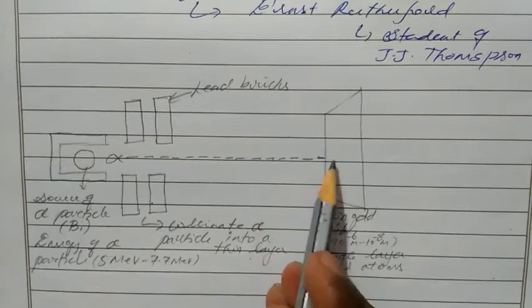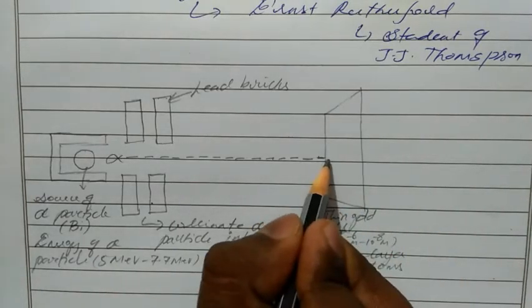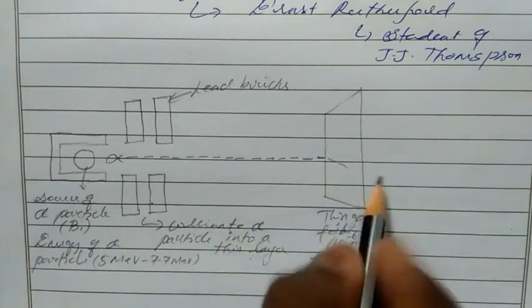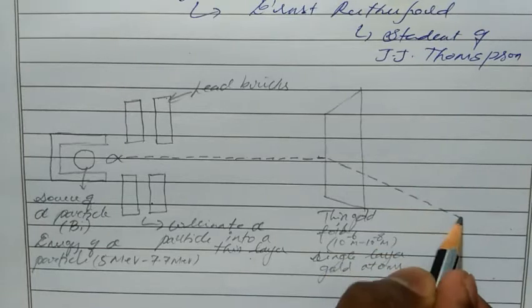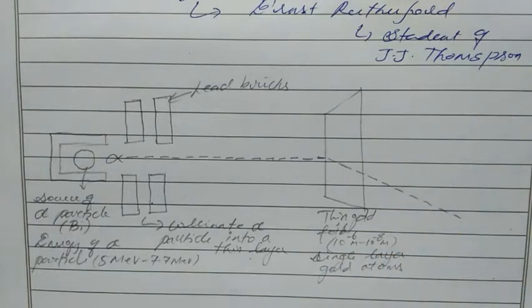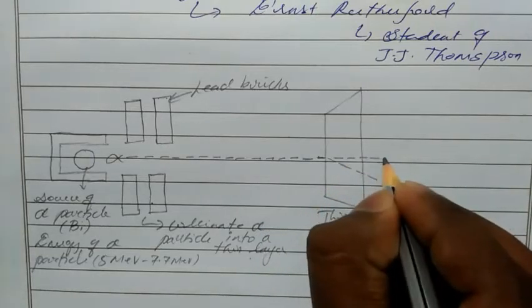After hitting the gold atoms, the alpha particles will start to scatter, and some of the alpha particles move in a straight line.